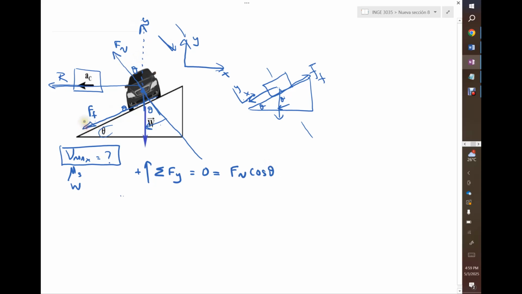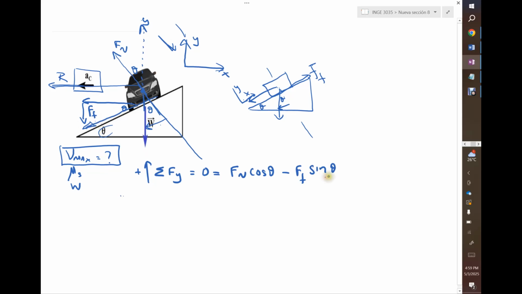Ff will have two components, one going that way and one coming down. In this balance on Fy, that would be minus Ff times sine of theta, because it's coming down. So I'm breaking this into this.